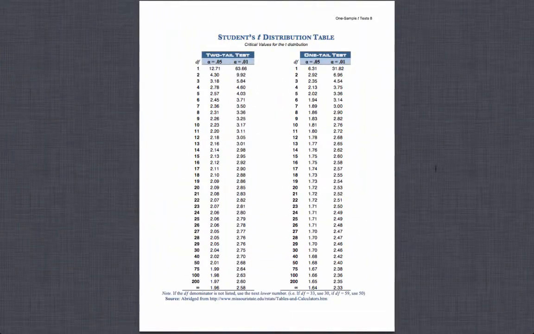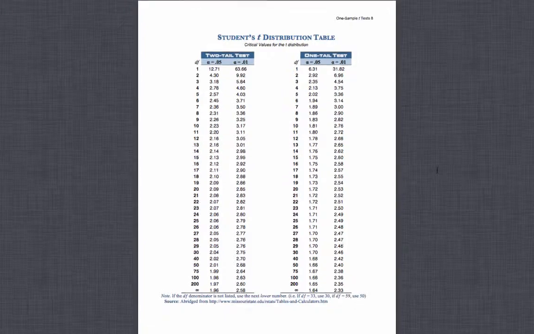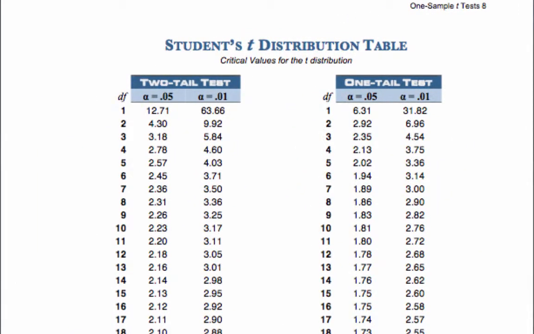On the last page of your one-sample t-test notes, you will find this student's t-distribution table. These are the critical values for the t-distribution. What you will notice is that there are 2 big columns, and then each of those have, we'll call them sub-columns within them. On the left, we see values for a two-tailed test. On the right, values for a one-tailed test.